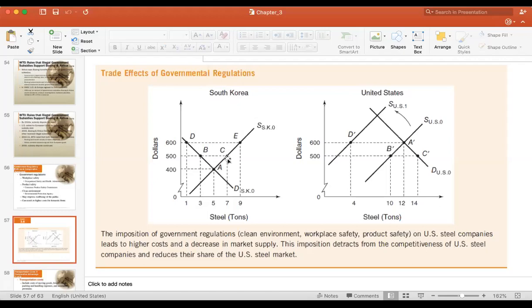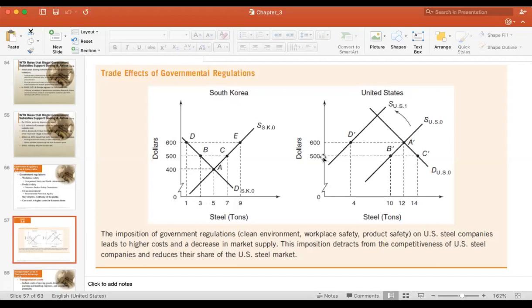So now, what is the excess supply in South Korea? 4 million. 4 million, very good. Now I come to the US. At $500 per ton, how much is the US willing to consume? 14. When the price is 500, the demand will determine that, which is 14 right there.